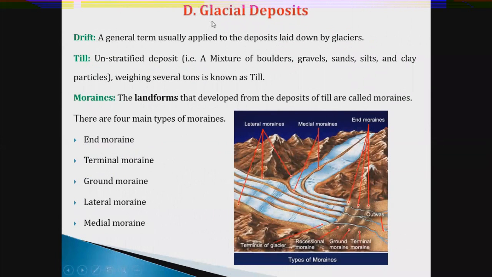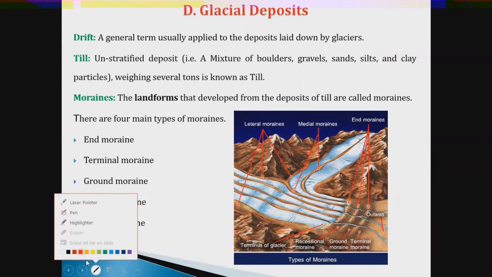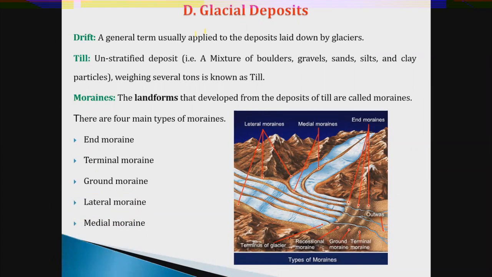Now let us discuss the glacier deposits, in which I will discuss the glacier drift. Glacier drift is a term usually applied to the deposits laid down by glaciers. The deposits which are formed from glaciers are known as glacier drift.